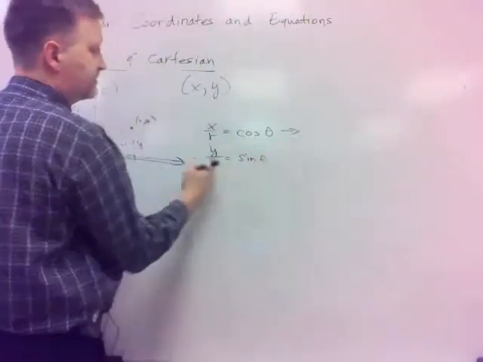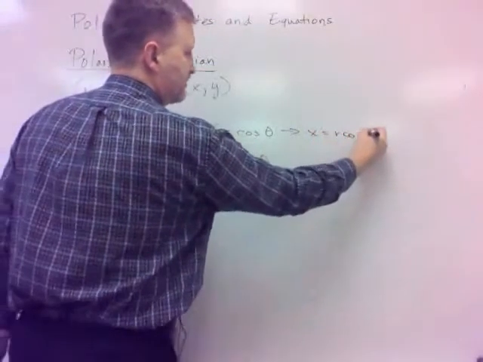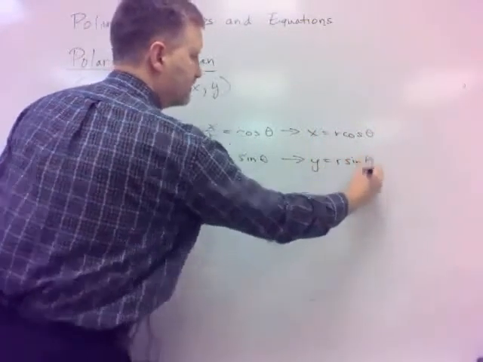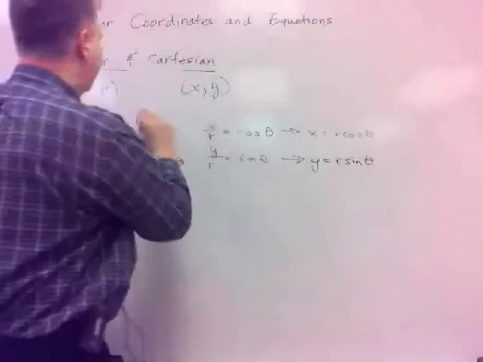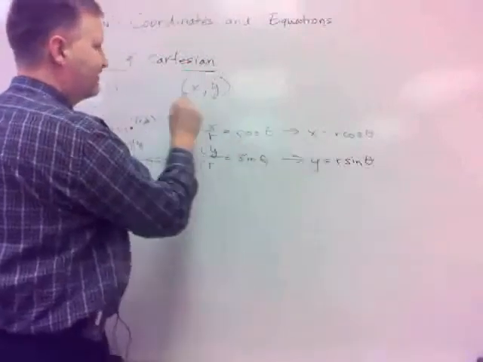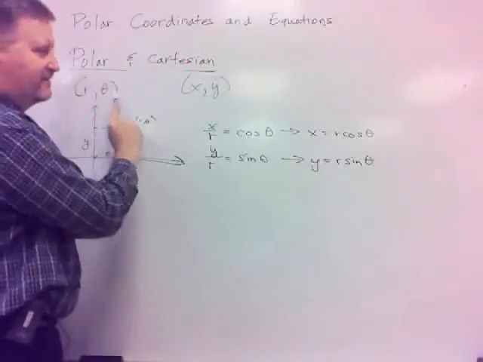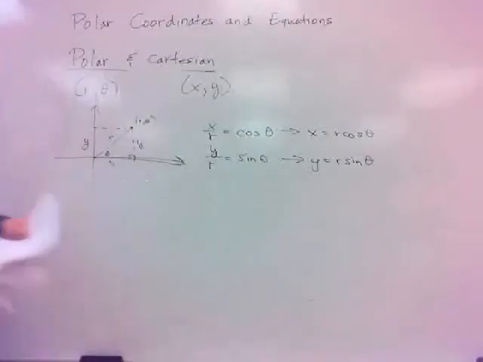And so out of those, don't you see that x is r cosine theta and y is r sine theta? So that's the connection. The x-coordinate in the Cartesian is just r times cosine of theta. The y-coordinate is just r times sine of theta. So you've seen those before, I'm sure.